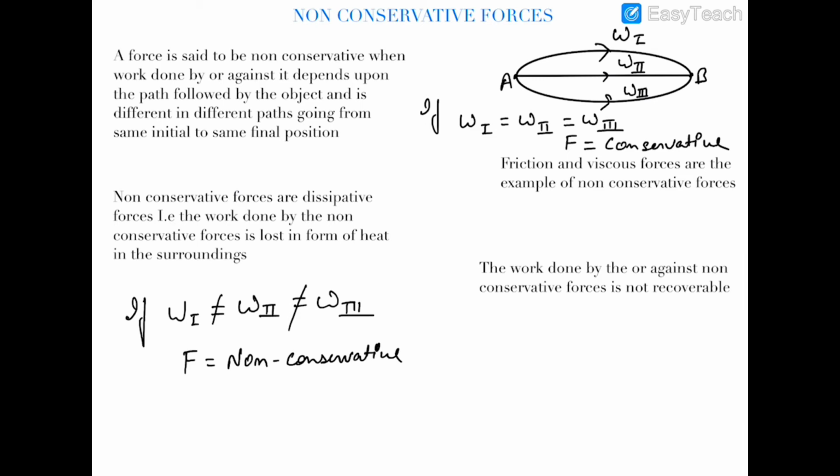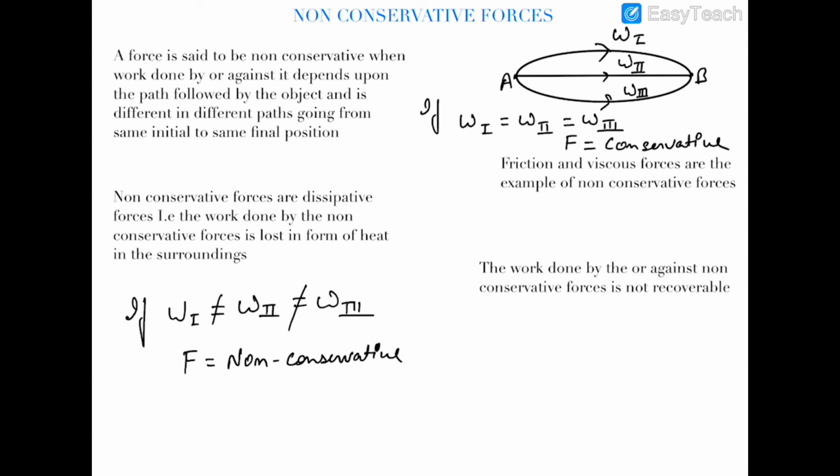So friction is a non-conservative force, and the viscous forces, which are the frictional forces of fluids, for example air friction and friction of water or liquid, are examples of non-conservative forces.